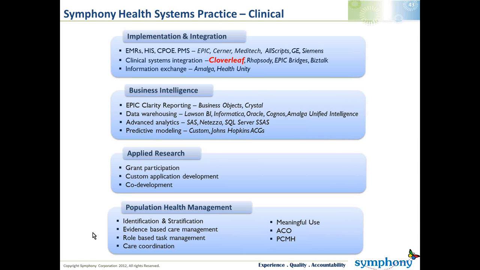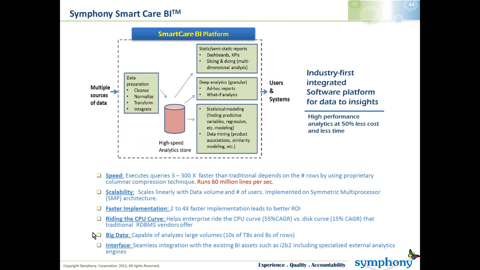We do some grant work, and I mentioned earlier some of our population health management. I'm going to mention Smart Care from our sister company, Symphony Care Solutions, not so much as to pique your interest on the solution, but the point is we've built a big data solution that pushes lots and lots of data around from the large institutions, and that expertise of doing that is available to help you get to where you want to go in terms of what data to bring into LBI, how you want to bring it in there, and then what do you want to do with it.